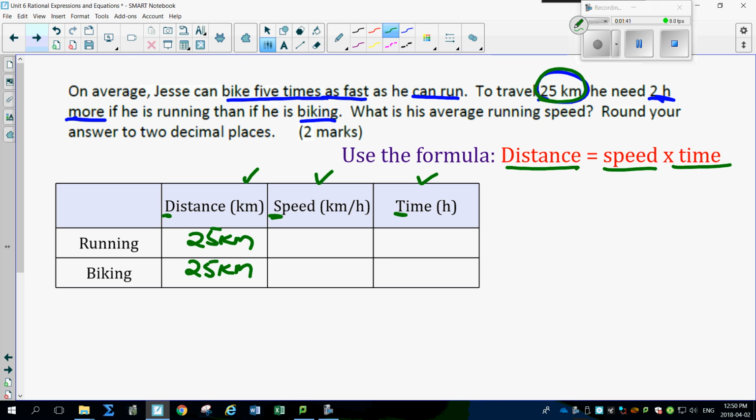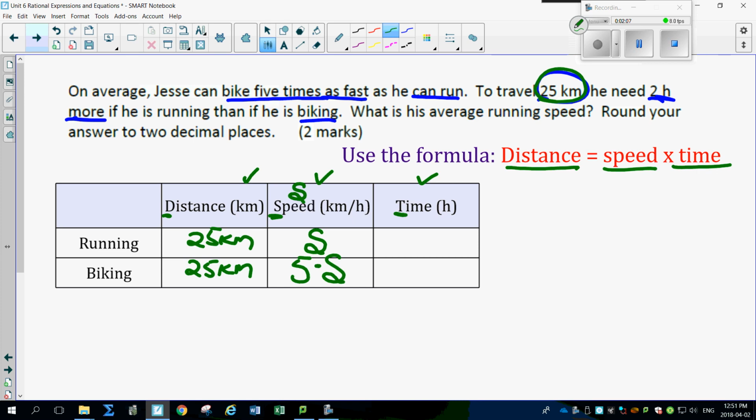Okay, now let's look at speed. Let's say speed is just a symbol. Let's give it an S like that with a little curl on the end so it doesn't look like a 5, okay? So let's try speed first. Now, it says Jesse can bike 5 times as fast as he can run. So his running speed is S, but his biking speed, if you think about it, is 5 times as fast, 5S.